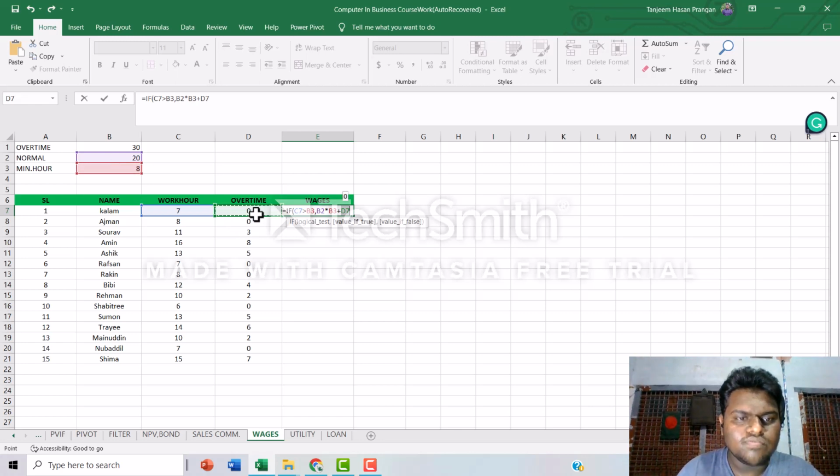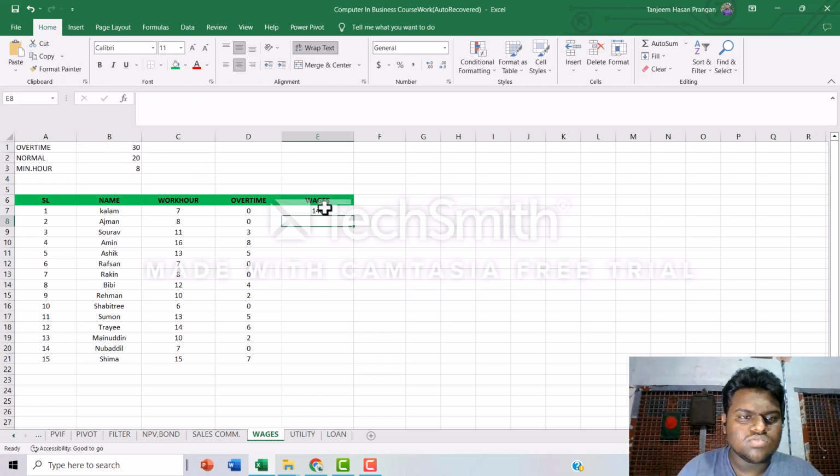If he has overtime, the overtime is multiplied by the overtime rate, and then done. If anyone doesn't have any overtime, he doesn't get the overtime rate, so he gets the normal payment. So this would be multiplied by the normal hour, and then we close the bracket.